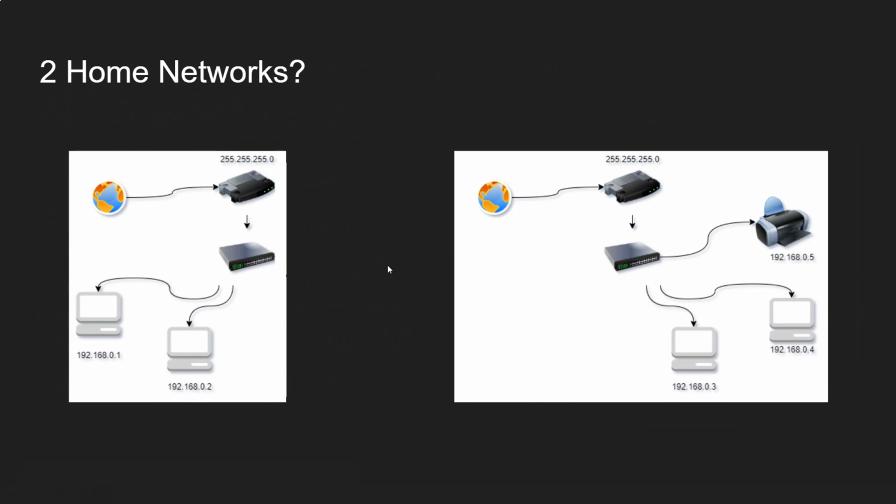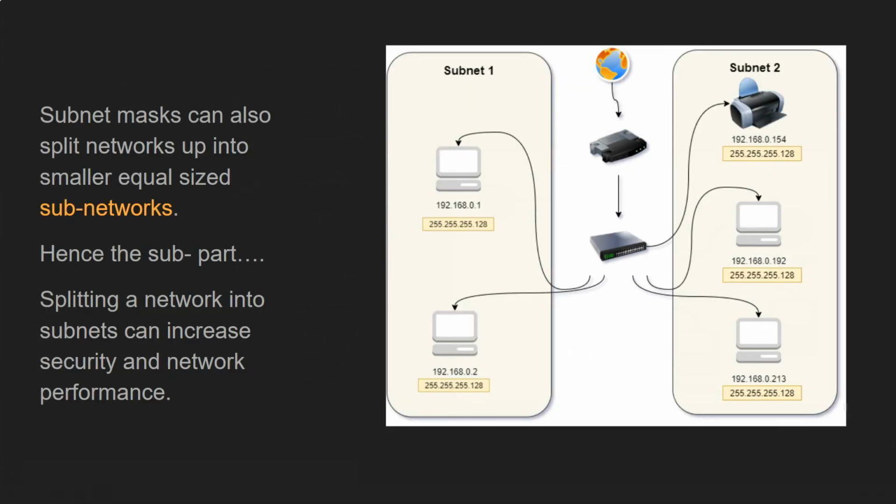What we can do instead of physically splitting the network is logically split the network through the use of a subnet mask. What this subnet mask does is it takes the original 255 IP addresses that we've got available and splits it into 2 smaller networks.